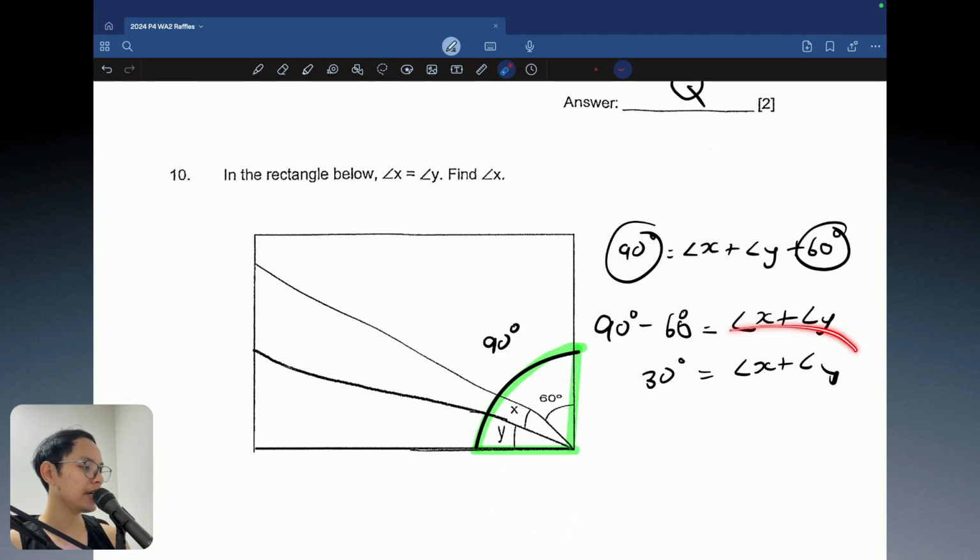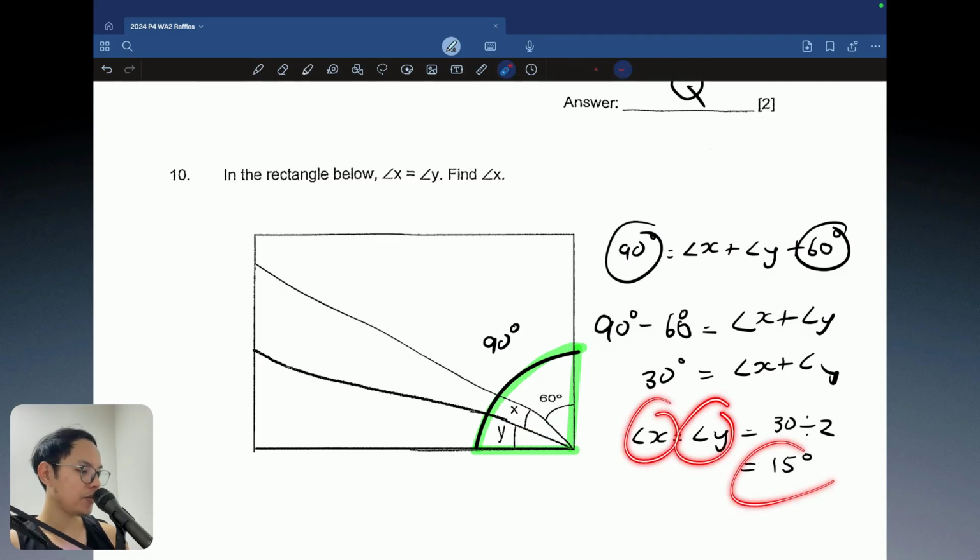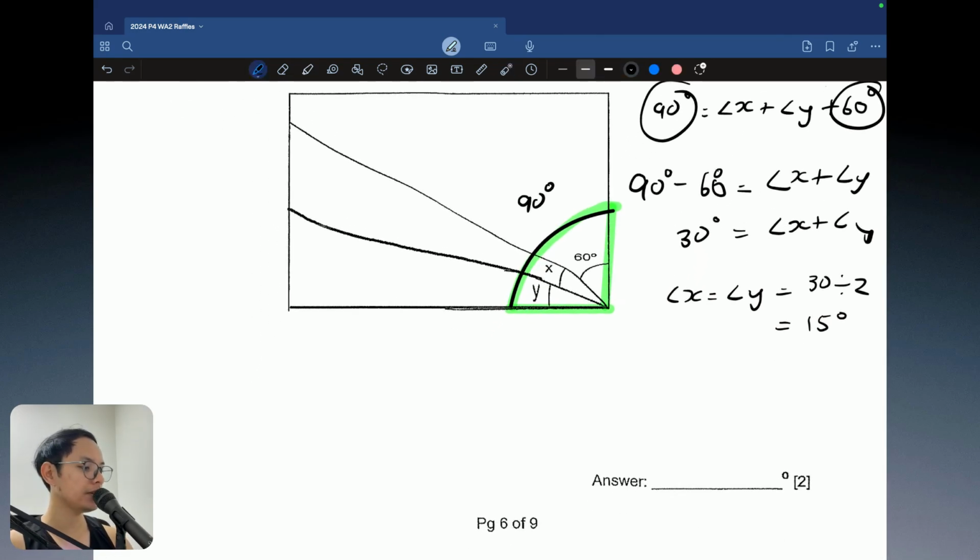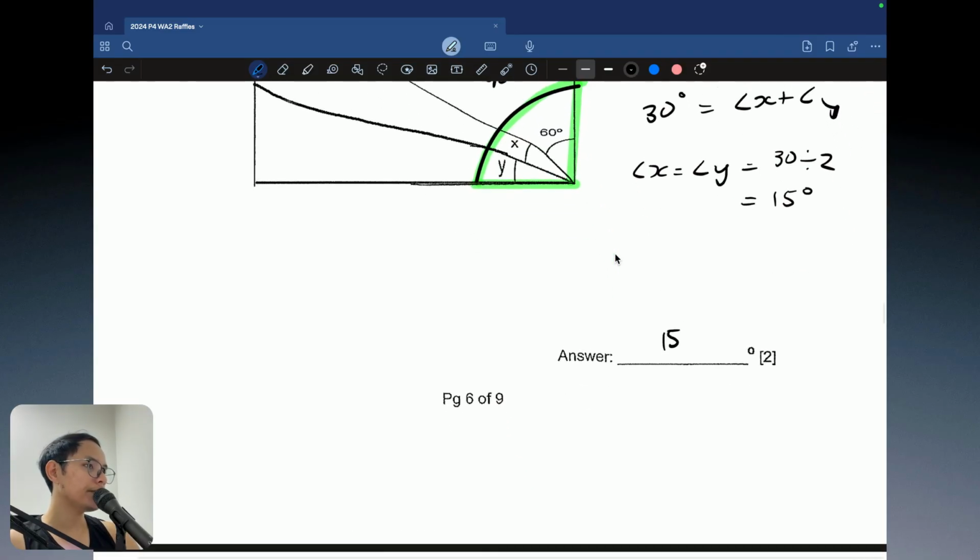So we can divide it by 2. 30 divided by 2, or in simpler sense, I like to use fractions, but okay, just divide by 2 and this should be 15 degrees. And since angle y is equal to angle x, both are 15 degrees, the angle for x is 15 degrees. And there you go. All right, let's move on to the next one.